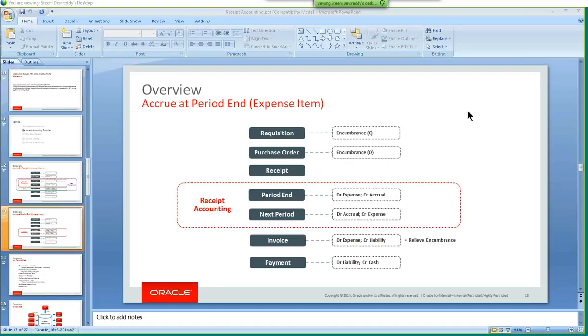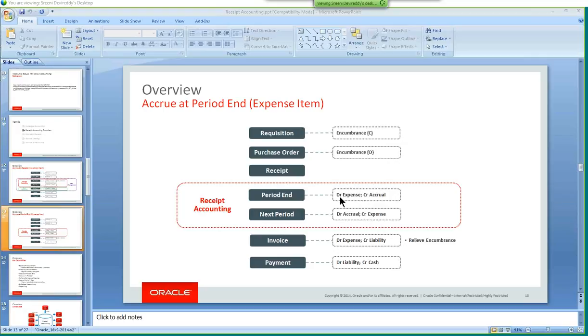In case of accrual at period end, what if the invoice came before the period end? How does it consider the accrual? There's no difference whatsoever. If the invoice comes before period end, the liability is booked and there is no accrual at the period end. The accrual entries at period end happen only for uninvoiced receipts.